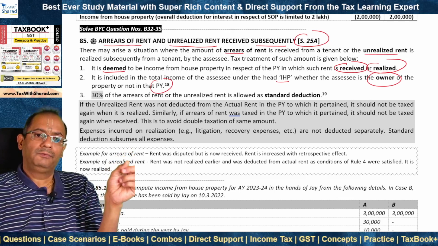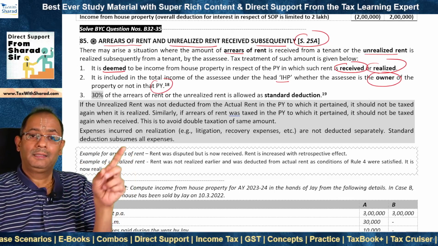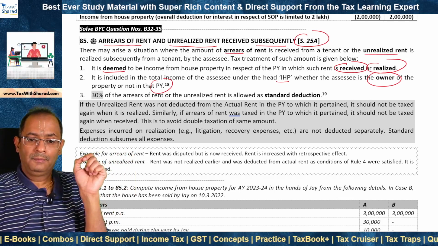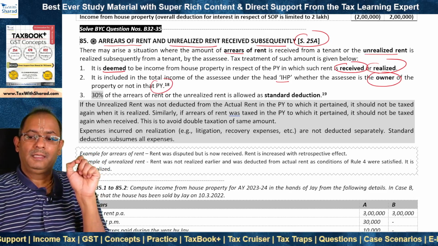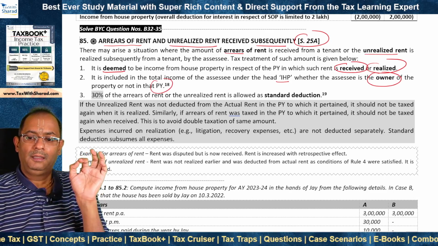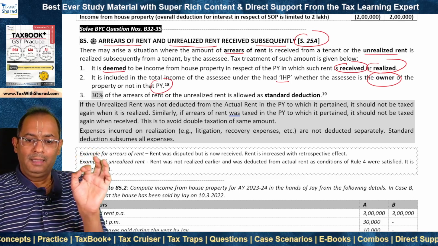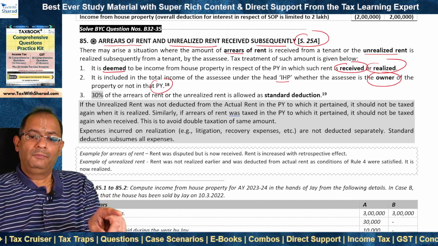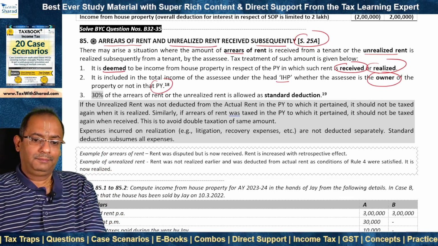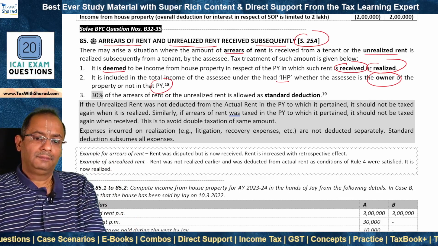And one of the conditions for charge of income under this head is that the assessee should be the owner of the house property. But here is an exception, where it is provided that even if the assessee is not the owner of the property in the year of receipt or realization, this amount will be deemed to be income from house property and it will be taxable under the head IHP.